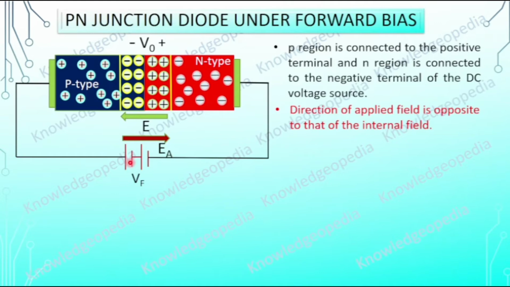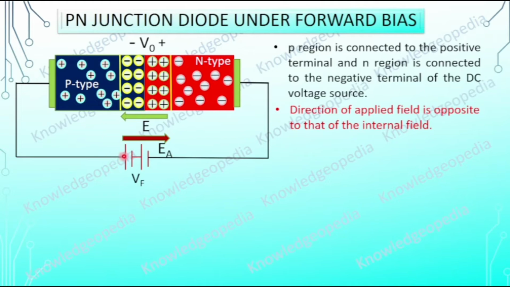If I am applying some voltage, then what will happen to this junction? Here these electrons are negatively charged carriers and this side of the applied battery is negative. So the electrons will experience a repulsion from the negative side of the battery, and they will move from N side to P side.